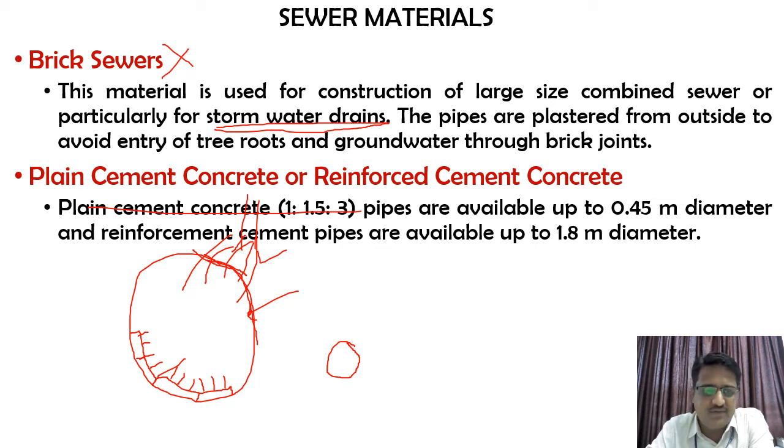Even inside there will be a few precautionary coatings, but in the long term, once these drainage pipes are put in, they will not be disturbed for decades together. So whenever we say brick sewers, they are mostly used for stormwater drains and for larger sections of pipe.